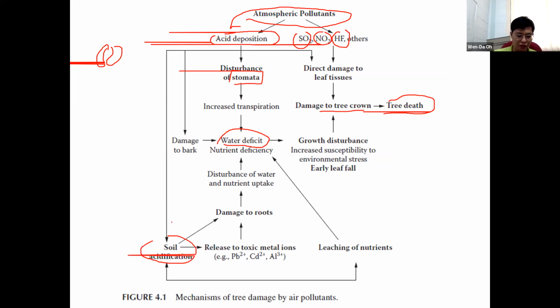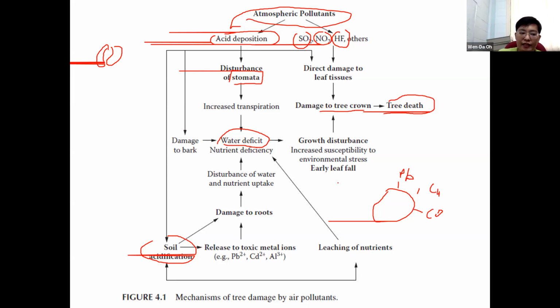So these acids can go into the soil, and usually heavy metals like to be released from the soil under acidic condition, right? So let's say you have this soil containing lead, containing copper, or maybe cobalt. So these are immobilized heavy metals. They're not going to be available for the plants.